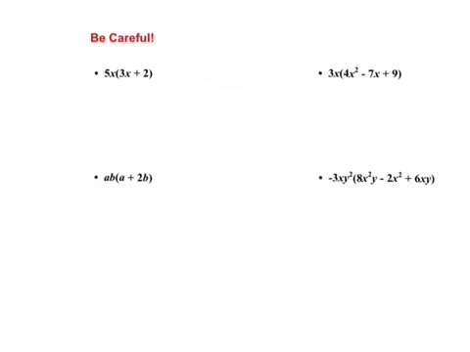A few more examples for you. They're progressively getting harder. So now we're taking a monomial and multiplying it by a binomial, but our monomial at the beginning isn't a constant, it has a variable. So we still do the same thing. We take the 5x and multiply it by the 3x. 5x times 3x. But then we have to take the 5x and multiply it by the 2.